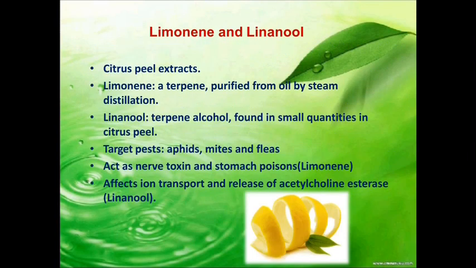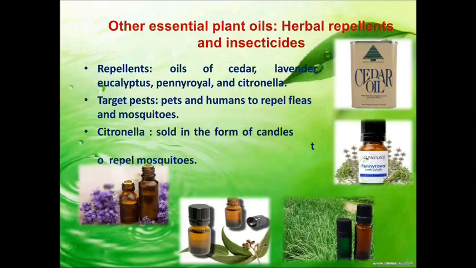The next one is limonene and linalool. It is nothing but citrus peel extracts, and these citrus peel extracts are very effective against different sucking pests and act as nerve poisons or nerve toxins and stomach poison also. They affect ion transport and the release of acetylcholinesterase.